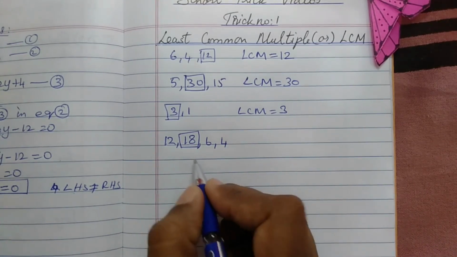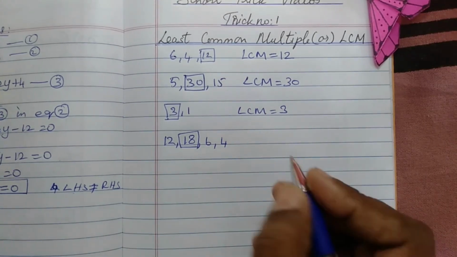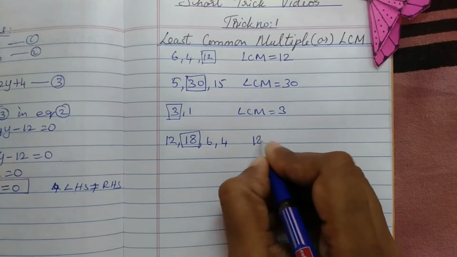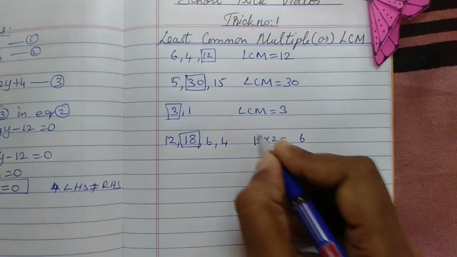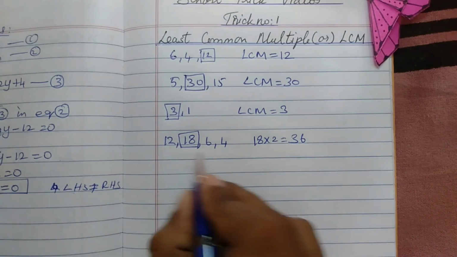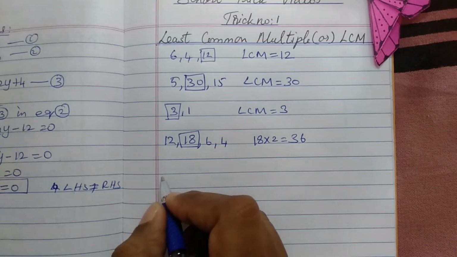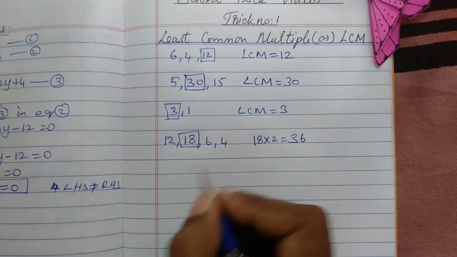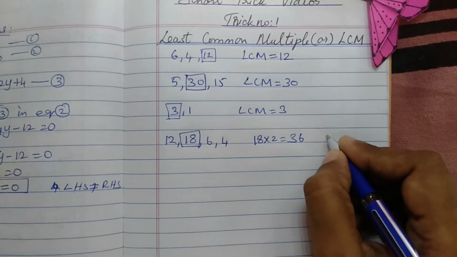So if we are not able to divide 18 by all of these numbers, then we have to multiply this 18 by 2. 18 into 2: 8 2s are 16, so 36. Now let's see whether these numbers can divide 36. 12 3s are 36, it divides. And 4 9s are 36, so this also divides. So now here our LCM will be 36.